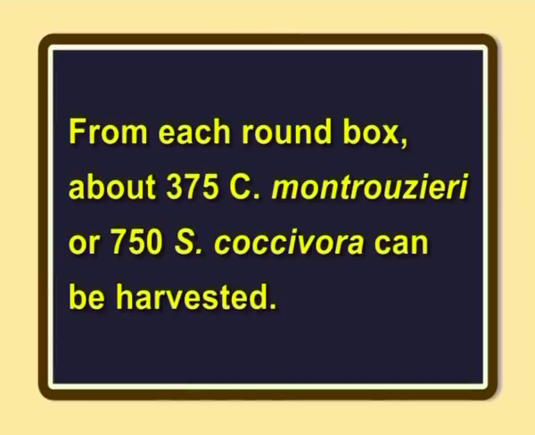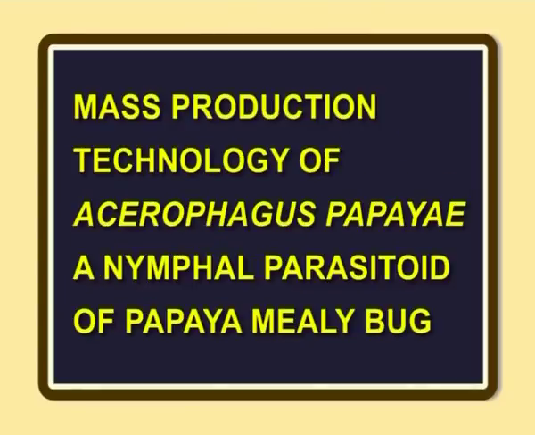The beetles are collected daily and kept in separate containers for about 8 to 10 days to facilitate completion of mating and the pre-oviposition period. The beetles are fed with honey 50:50. From each round box, about 375 Cryptolaemus montrouzieri or 750 Scymnus coccivora can be harvested.